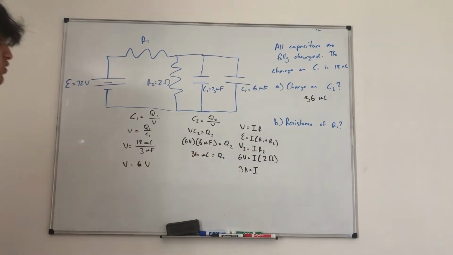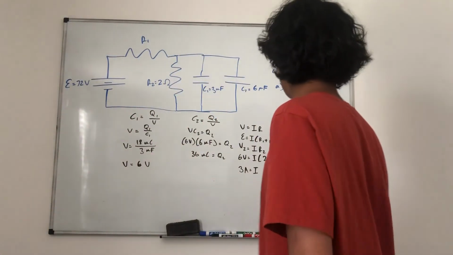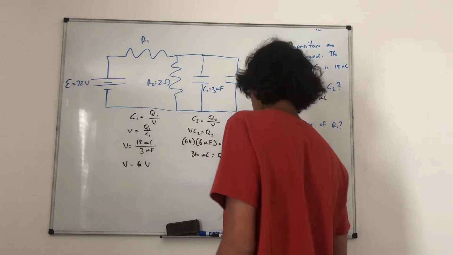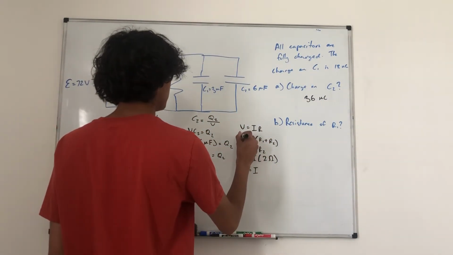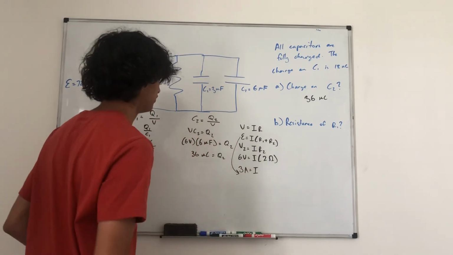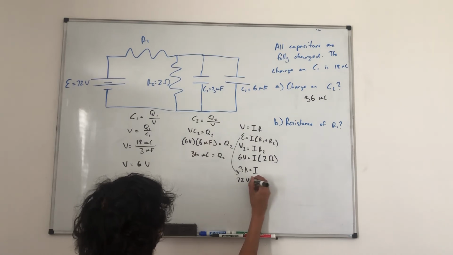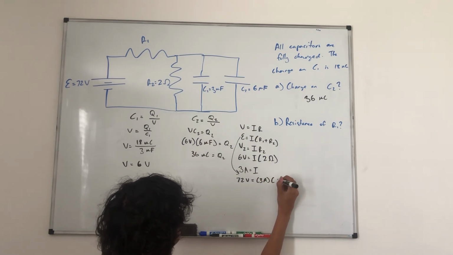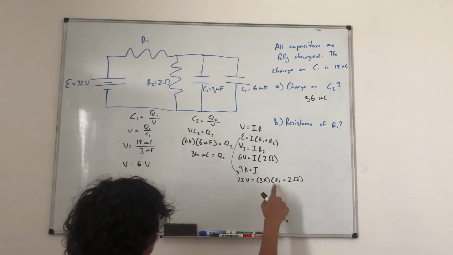Now we can plug that back into the equation. So EMF, 72 volts, is going to equal 3 amps times R1 plus R2, which is 2 ohms. And now we have everything to solve for R1.